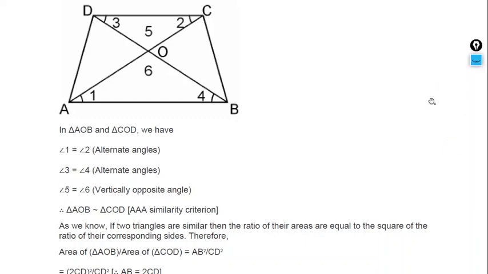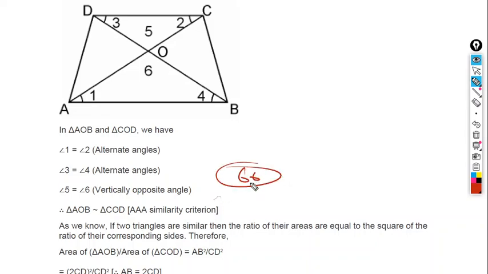Now, same story. We will now move to theorem 6.6. Theorem 6.6 says that if two triangles are similar, then the ratio of their areas is equal to the square of the ratio of the corresponding sides.